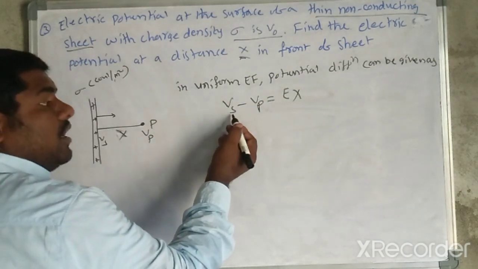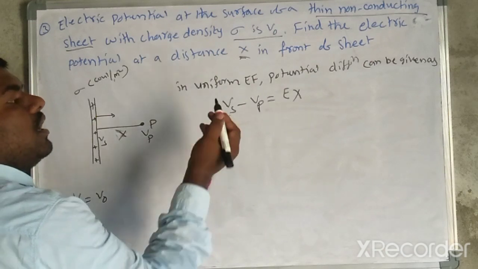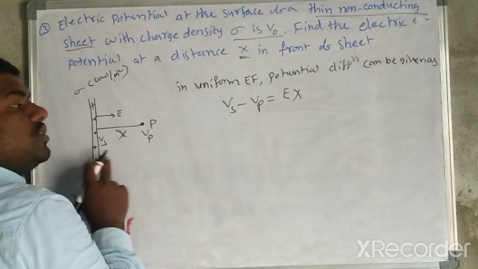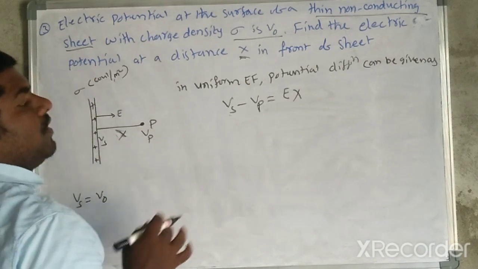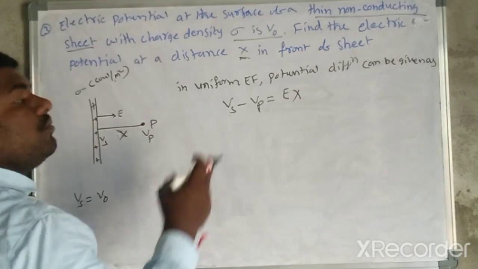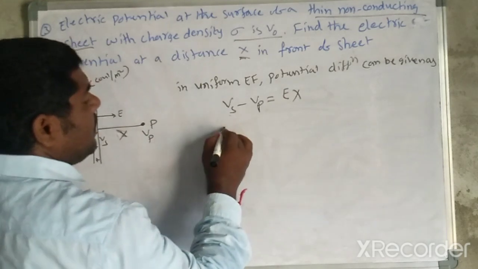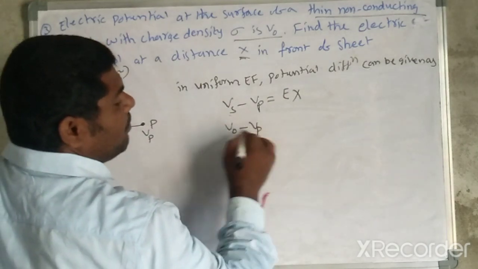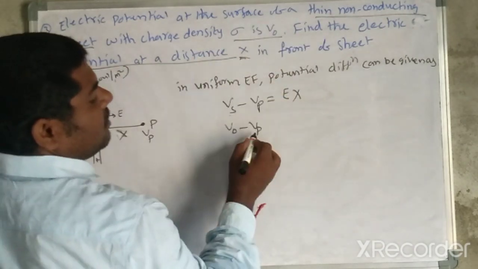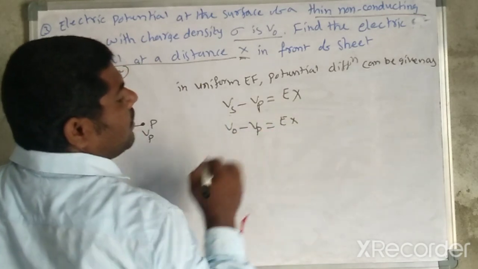So here Vs is more potential than Vp. In the direction of the electric field, potential decreases, already we know that point. That's why I wrote it positive. If you write Vp minus Vs, you would get a negative value. So here Vs is nothing but V naught, and they are asking for Vp. So the electric potential at point P at distance x: Vp is equal to V naught minus E into x.